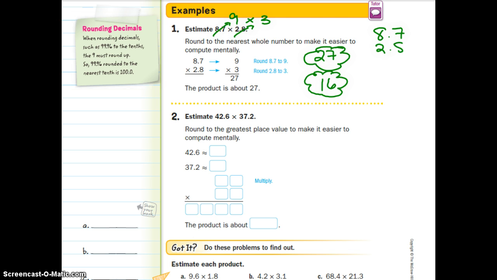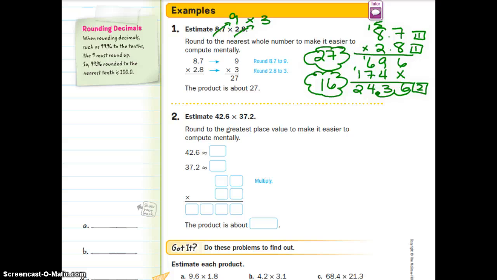8.7 times 2.8. That's a 6, that's a 5, that's 64 plus 5 is 69. That's an X, that's a 14, carry my 1, that's a 17, that's a 6, that's a 3, carry my 1, that's a 4, that's a 1, that's a 2, 1, 1, 2 bunny hops, and we get 24.36.